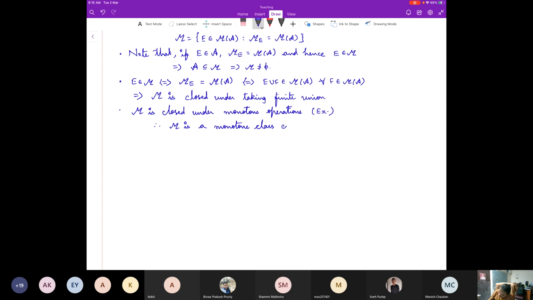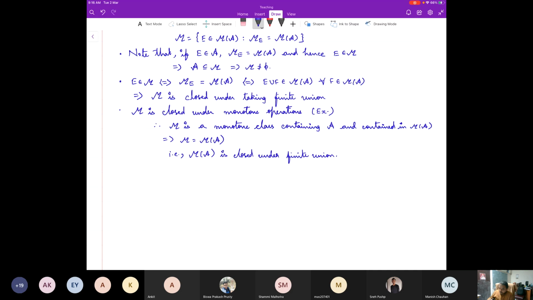So this is a monotone class containing A and contained in M of A. That implies that script M equals M of A. That is, M of A is closed under finite union.